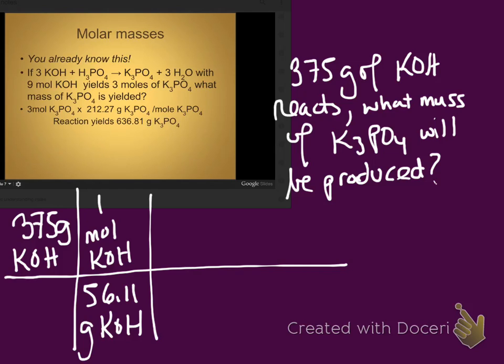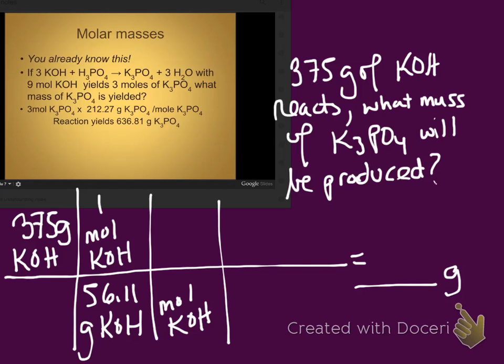1. Okay, so what units, what chemical, down and next to cancel? You got it. Moles, potassium hydroxide. Where are we going with this? What do we want to end up with? Yeah, grams of potassium phosphate.